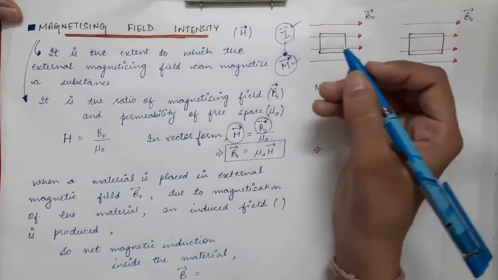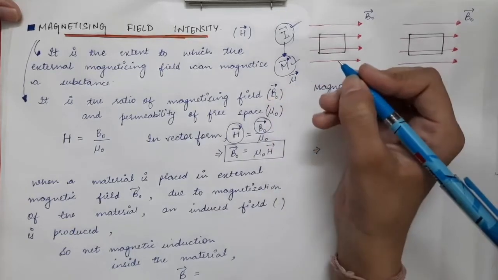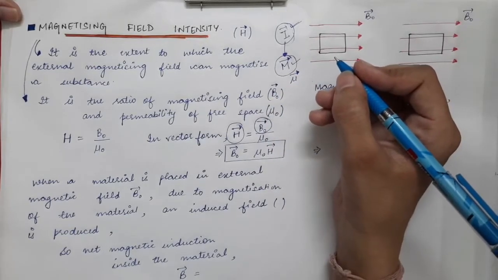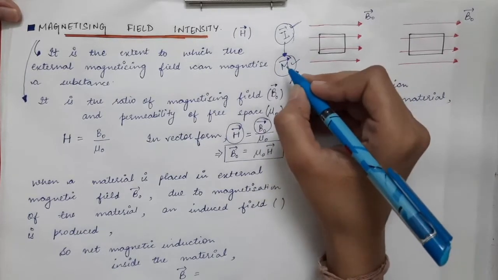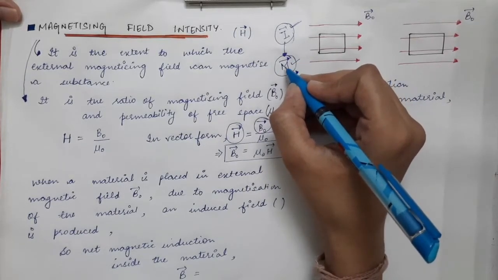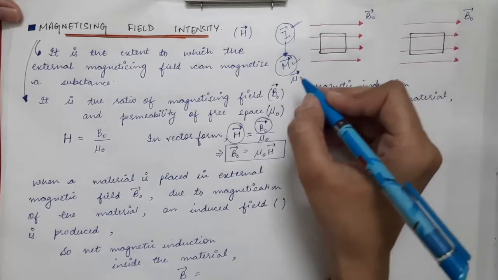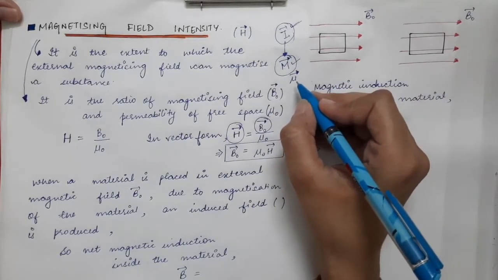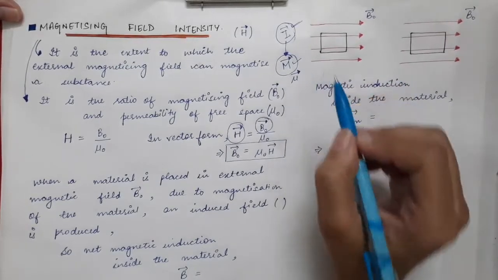If you take M vector as magnetization, then the total magnetic dipole moment can be taken as mu vector. So you can change these representations in the previous lectures.